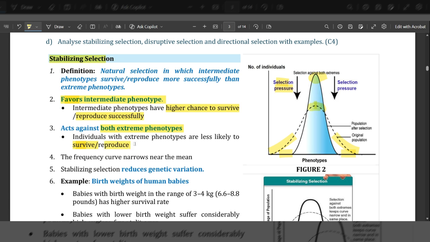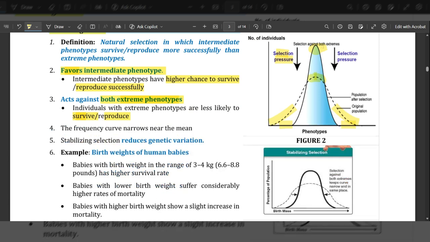After several generations, the chance of this particular phenotype remaining in the population will be very much less, causing an extremely reduced number of individuals with the extreme phenotype.